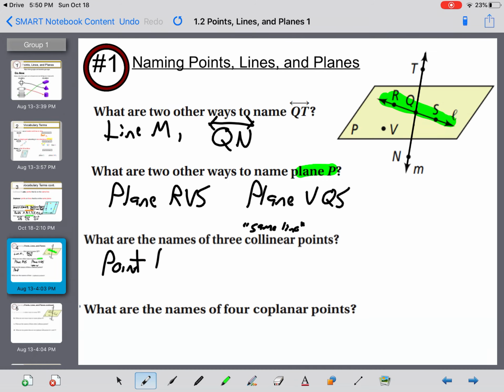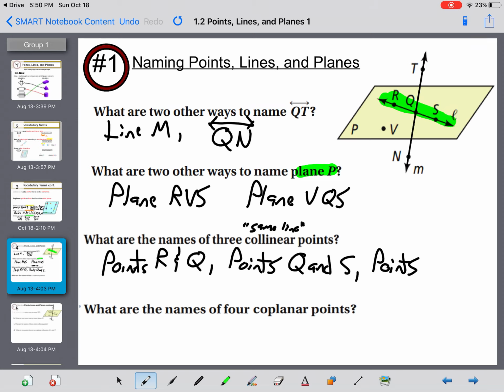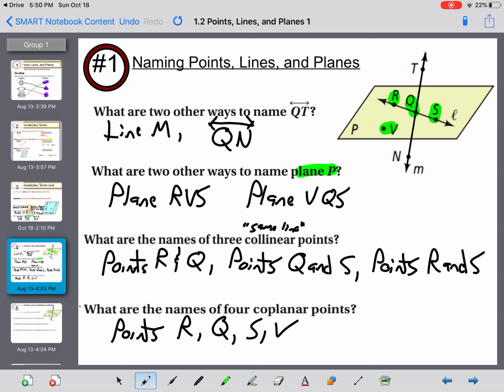Points R and Q, points Q and S, and also points R and S. Those are collinear points all on that highlighted line. What are the names of 4 coplanar points? Well, coplanar points mean they all exist within the plane, and I see 4 of them right here. Points R, Q, S, and V.